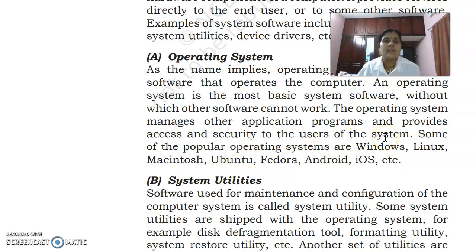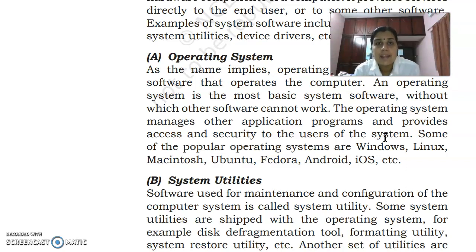What is an operating system? You all know what an operating system is. In your mobile, you are using Windows operating system, Android operating system, Macintosh, and in computer you are using Windows, Ubuntu, Linux. There are many operating systems. So what is the purpose of an operating system? As the name implies, an operating system operates the computer.